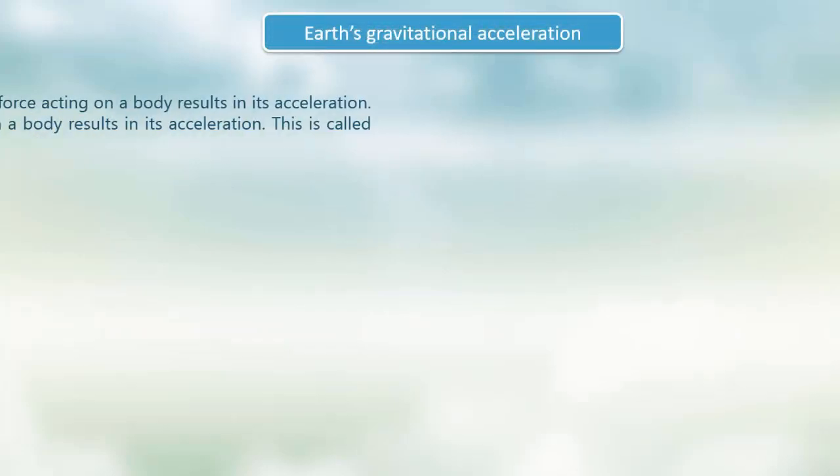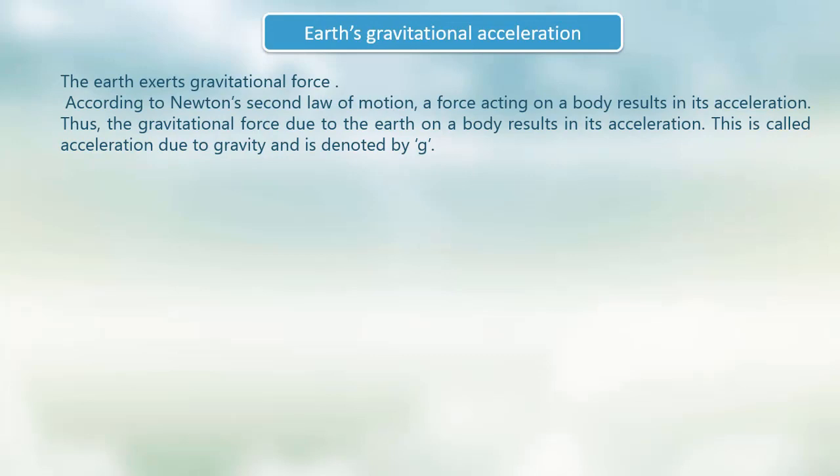Earth's gravitational acceleration. The Earth exerts gravitational force. According to Newton's second law of motion, a force acting on a body results in its acceleration. Thus, the gravitational force due to the Earth on a body results in its acceleration. This is called acceleration due to gravity and is denoted by small g.